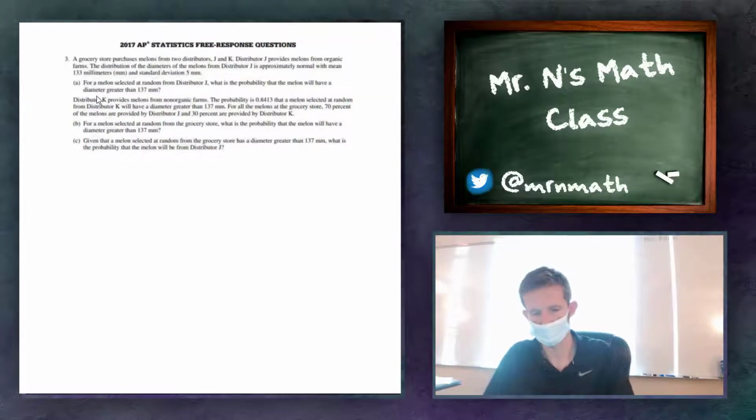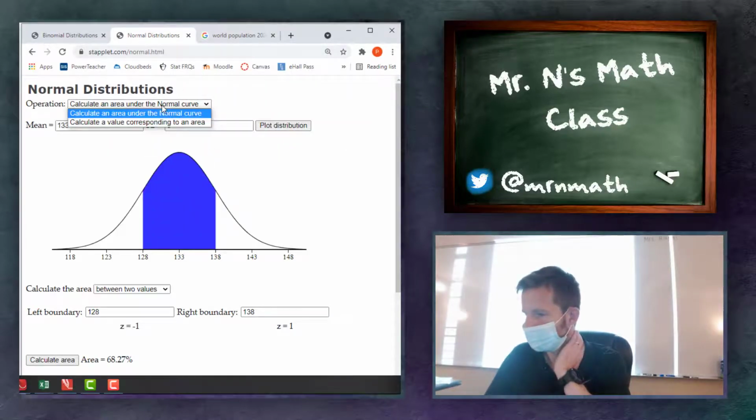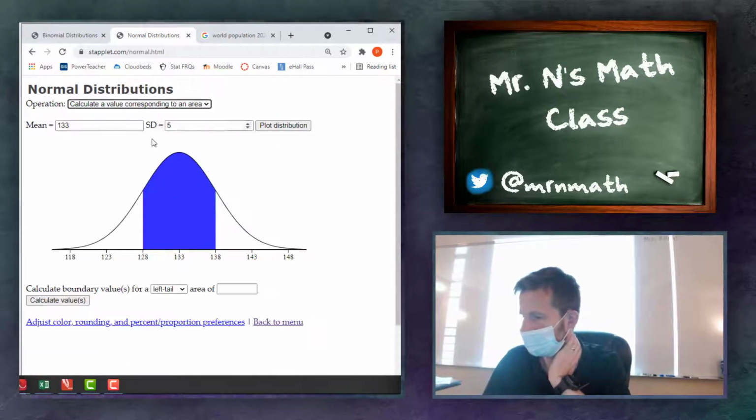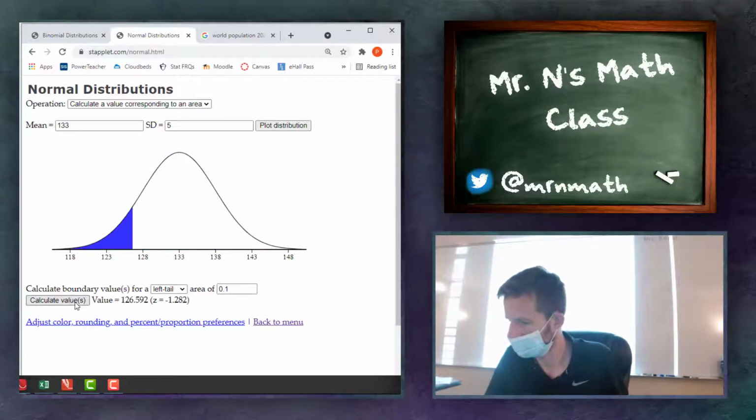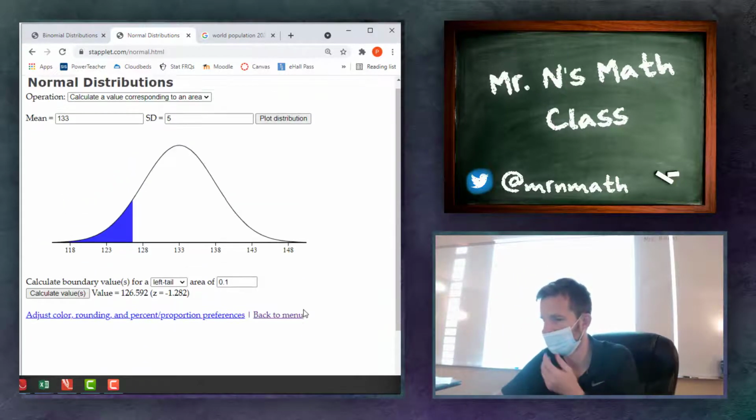Over here, calculate value corresponding to an area. So same thing, 133 and 5, and I want the boundary to the left of, I hope this works. Yeah.